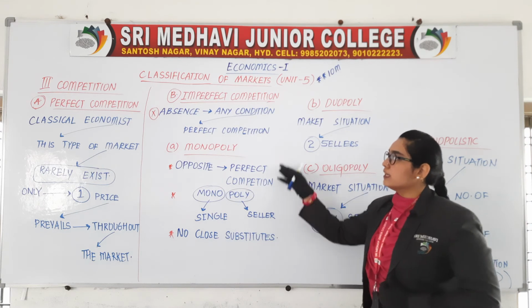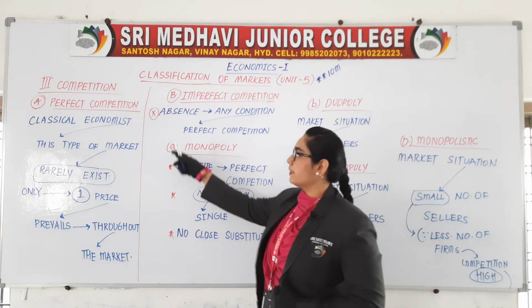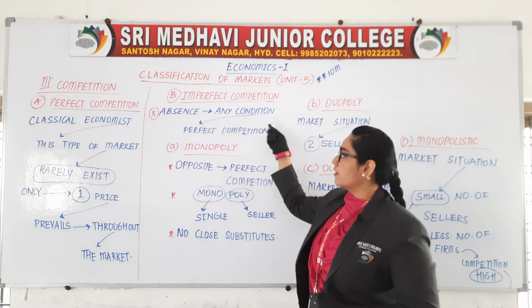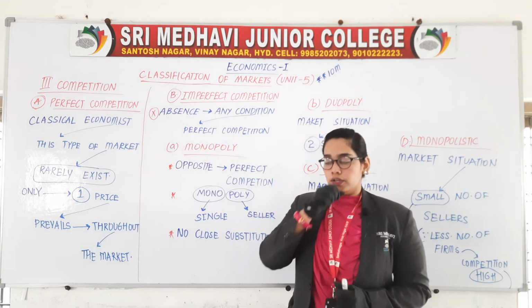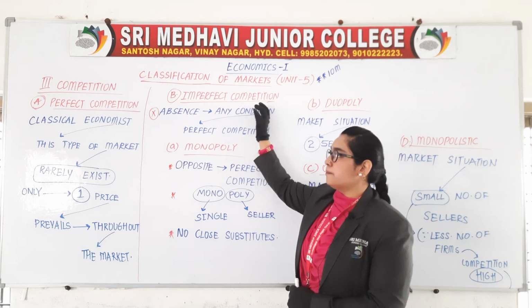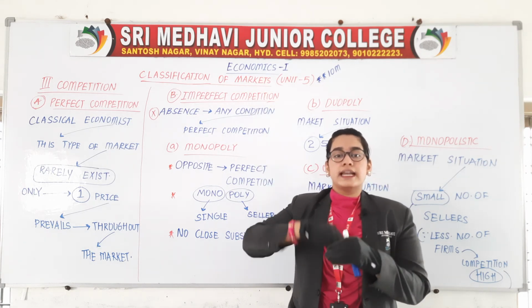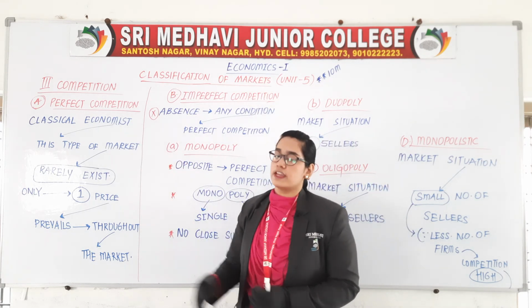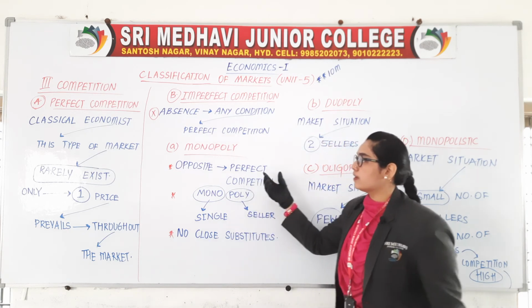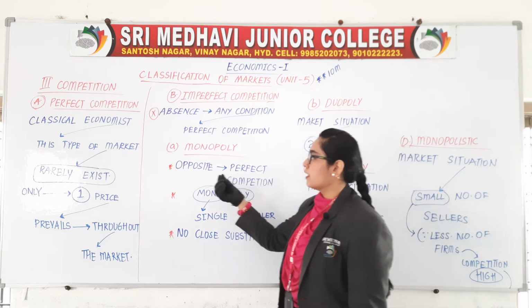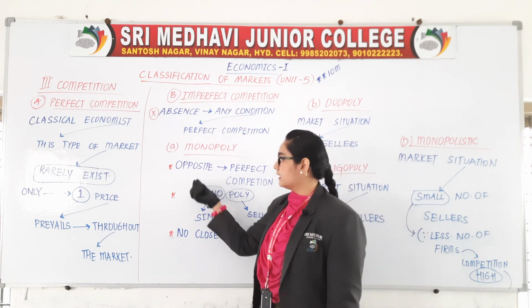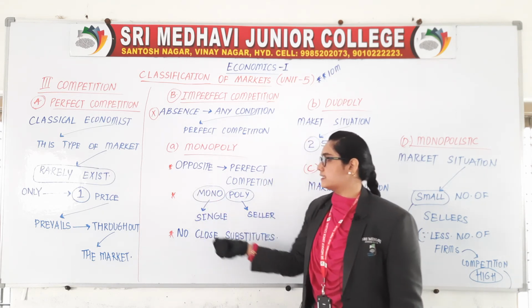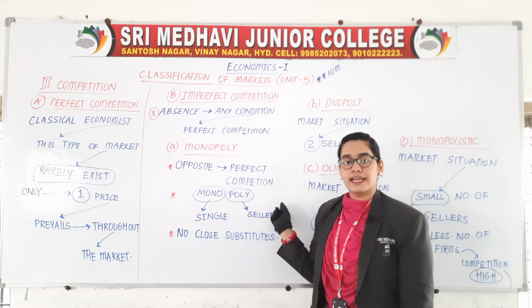Then coming to imperfect competition, that means absence of any condition of perfect competition. In short, imperfect competition is the opposite of perfect competition. So first one is monopoly. It is an opposite of perfect competition, obviously. The term mono means single, poly means seller.